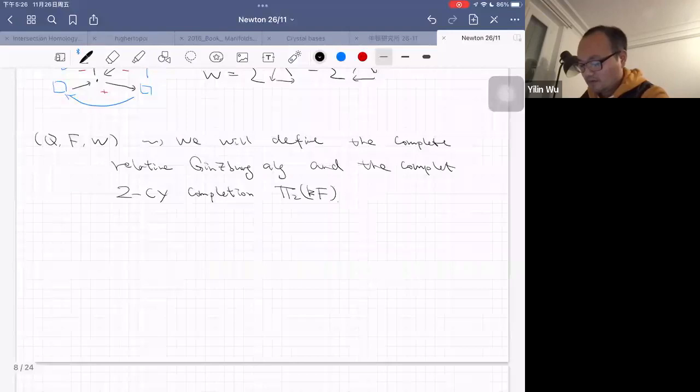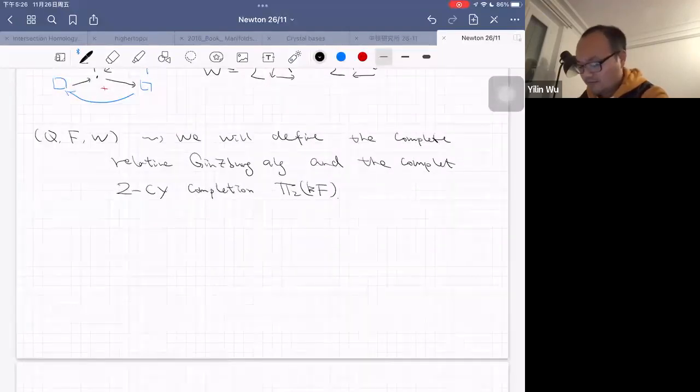Both of these two algebras are complete DG path algebras.